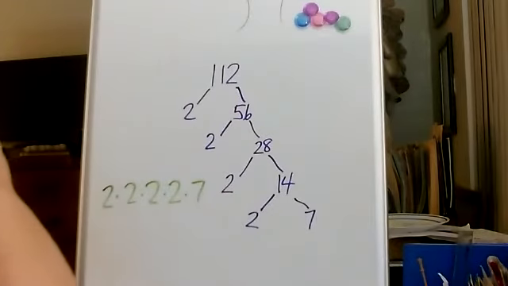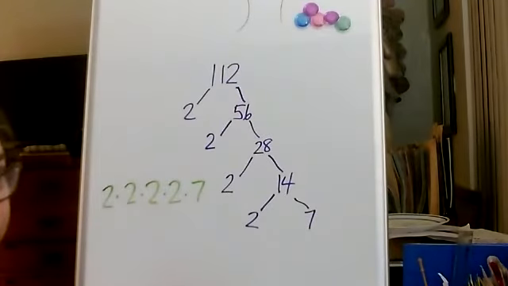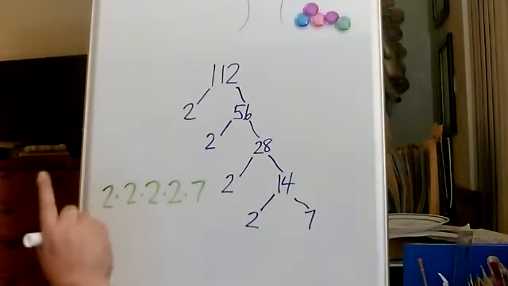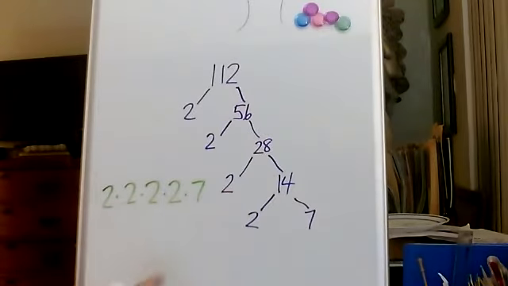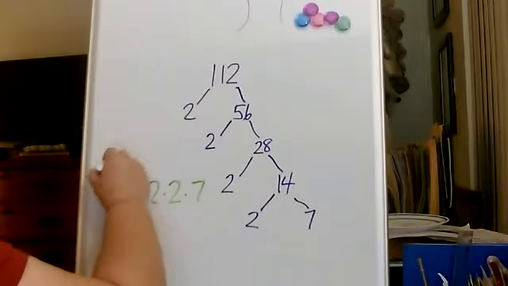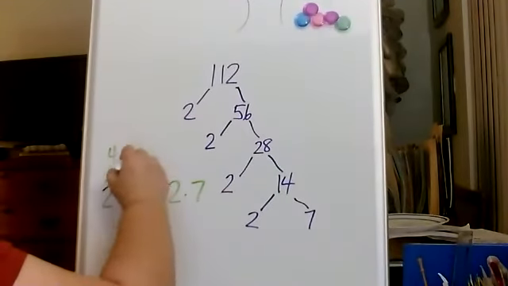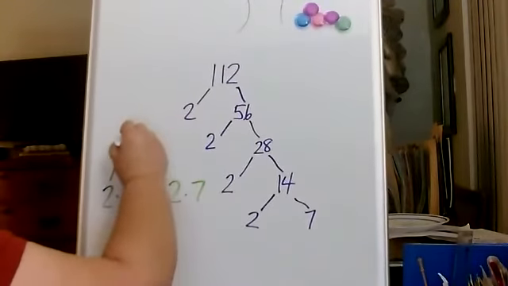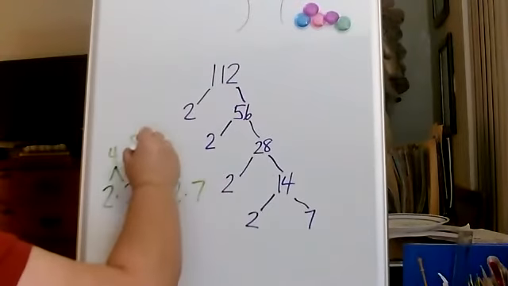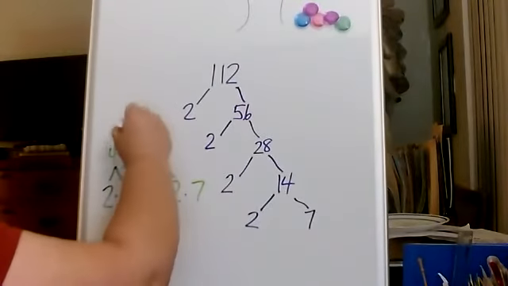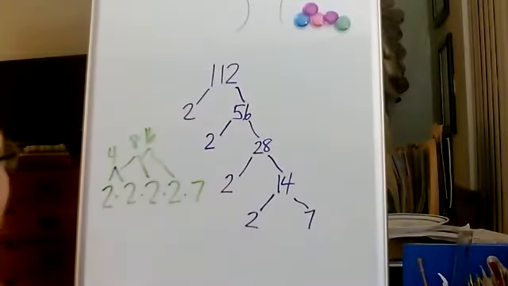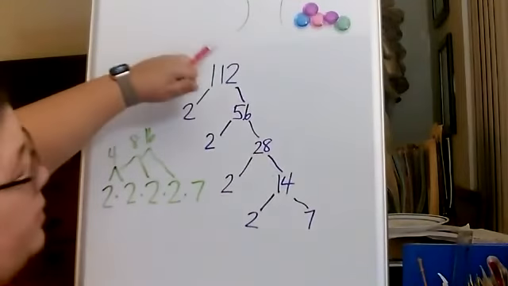And because it is 2 times 2 times 2 times 2, not 2 times 4, since 2 times 4 is 8. 2 times 2 times 2 times 2: 2 times 2 is 4. 4 times 2 is 8. 8 times 2 is 16. 16 times 7 is 112.